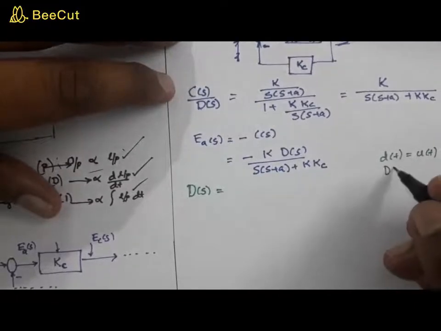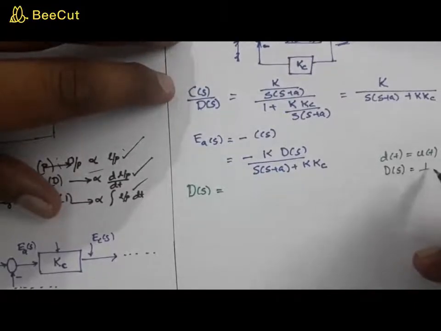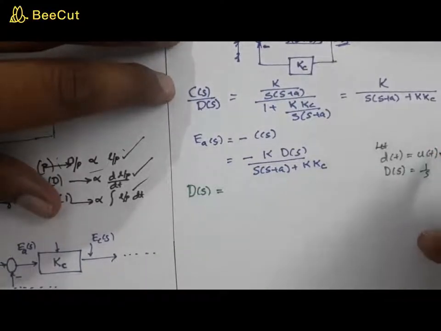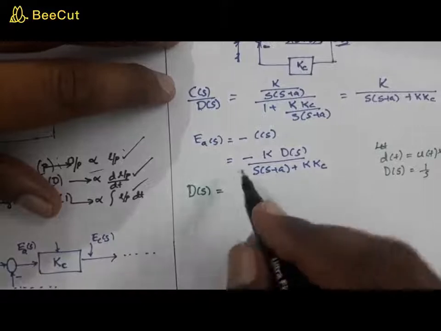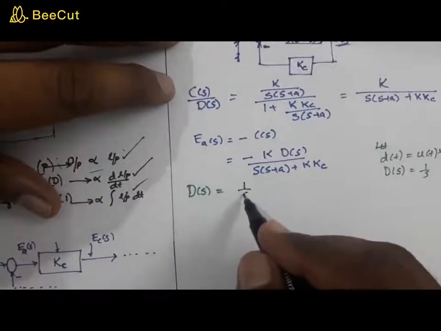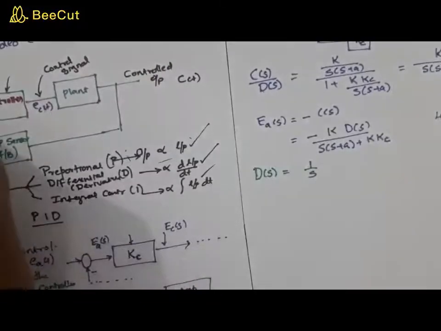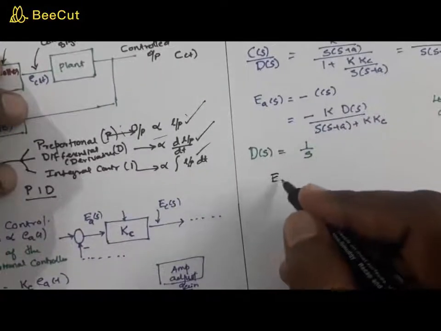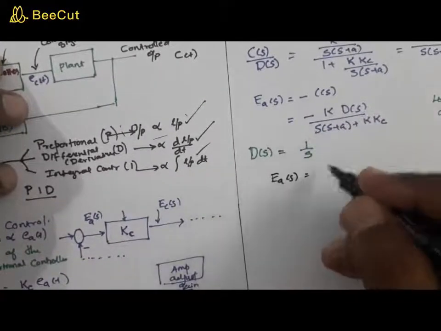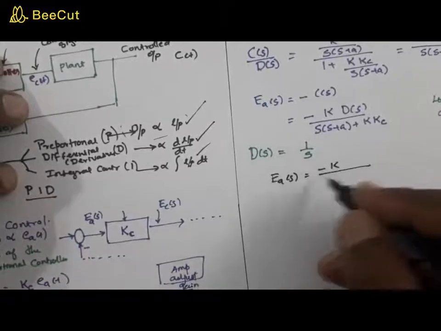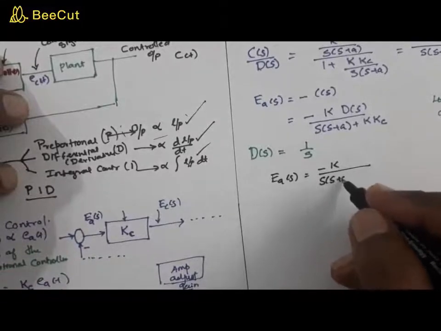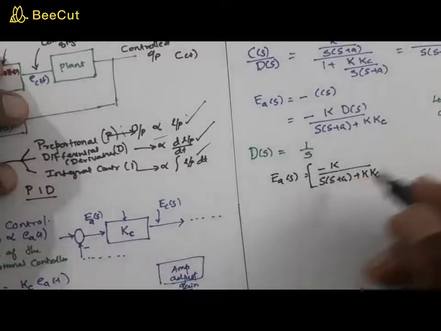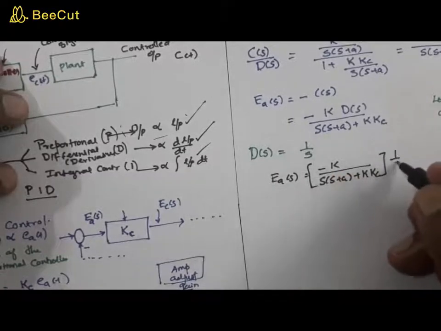So what will be your D(s)? D(s) is 1 by s. This is just an assumption. Let the disturbance be in the unit step form, so that it will be 1 by s, right? So you can rewrite this expression as Ea(s) equal to minus K by s(s plus a) plus K into Kc, the whole into 1 by s.